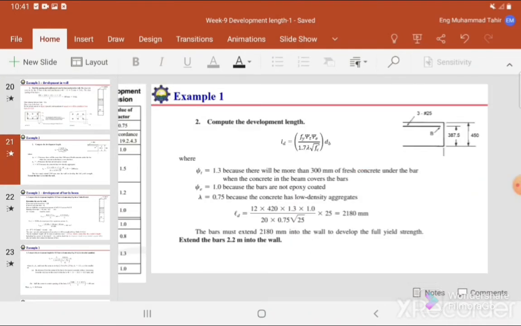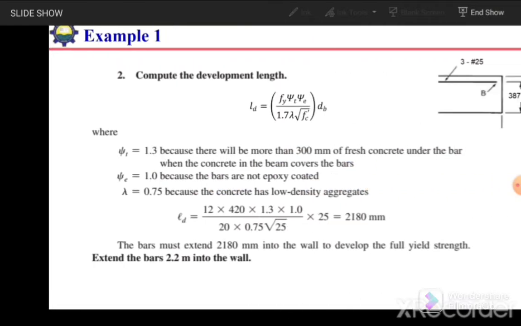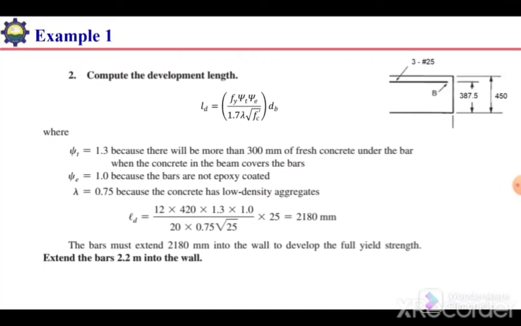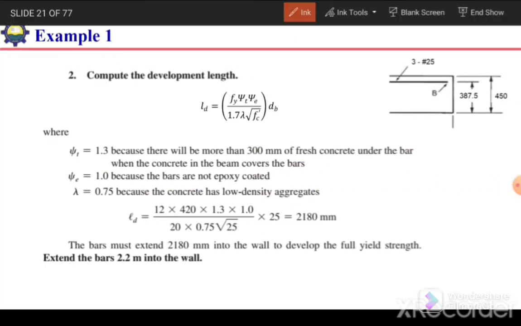So our selected equation for development length is this one. Ld is equal to fy psi t psi e over 1.7 times lambda times the square root of fc prime, times diameter of bar.